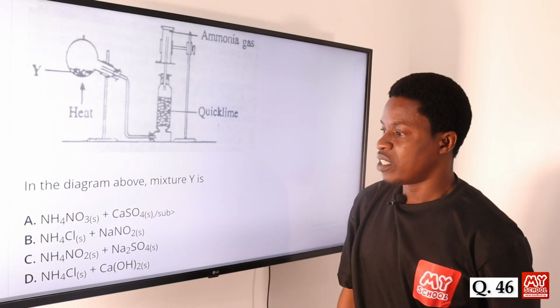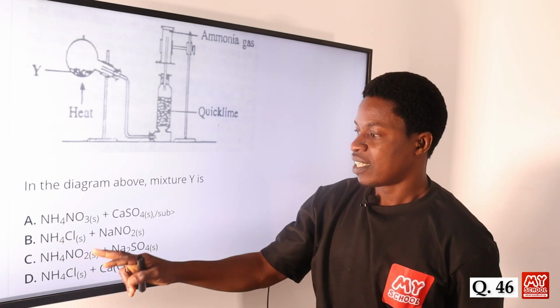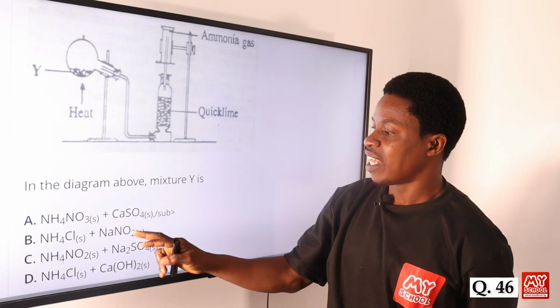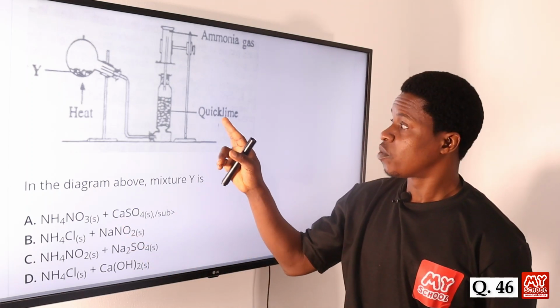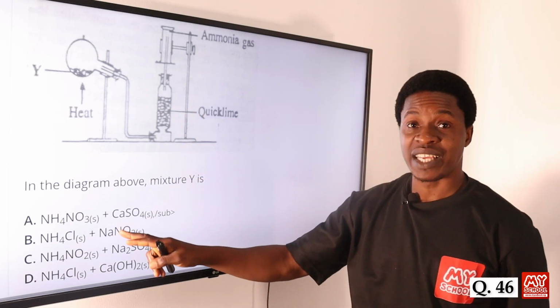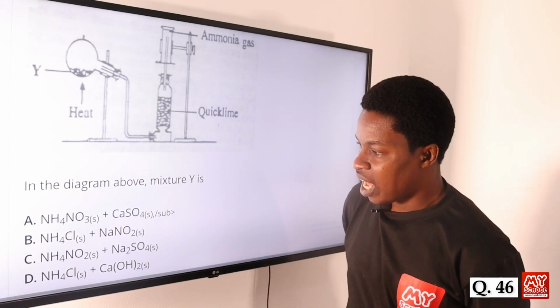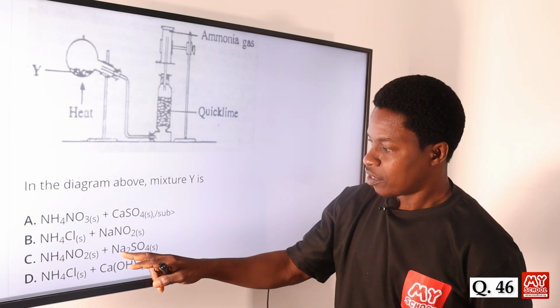Option B says we have ammonium chloride reacting with sodium nitrite. Don't forget H2O will be formed, because we have quicklime here acting as a drying agent, so that's going to also react with this. So it cannot be B. Let's look at option C, ammonium nitrate reacting with sodium sulfate.